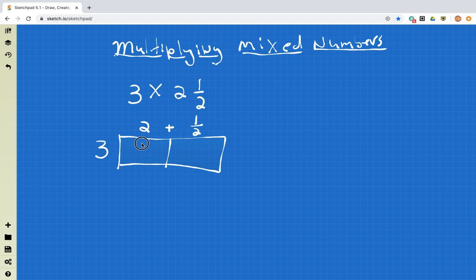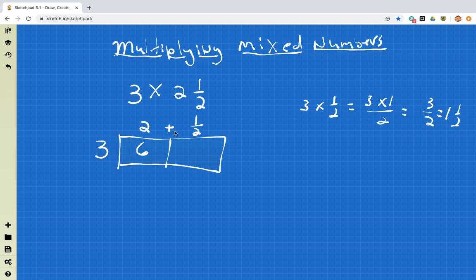3 times 2 is 6. 3 times 1/2 is, well, let's see, that's 3 times 1/2. That is the same as 3 times 1 of these things called halves. So that's going to be 3 halves, or 1 1/2, right?